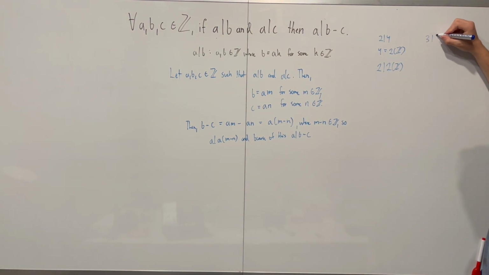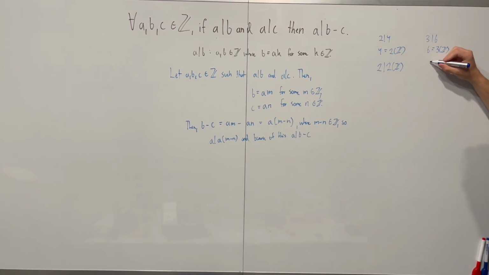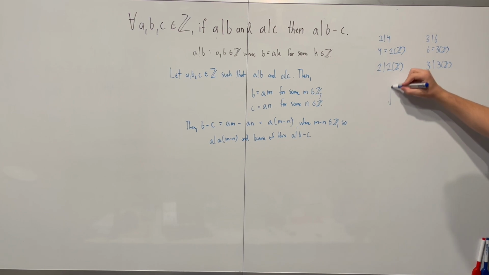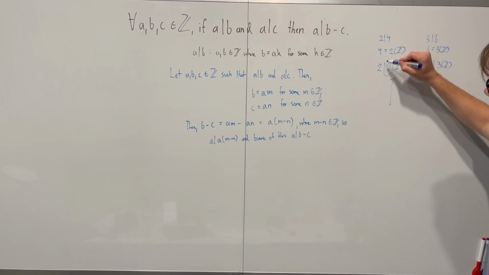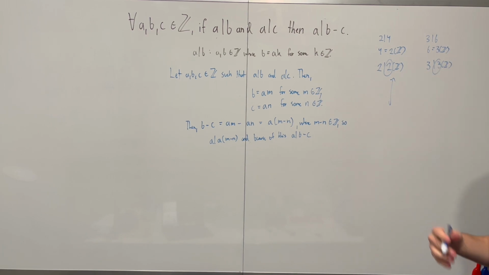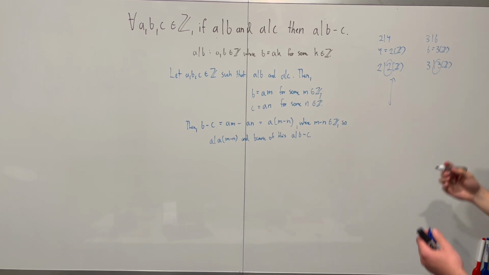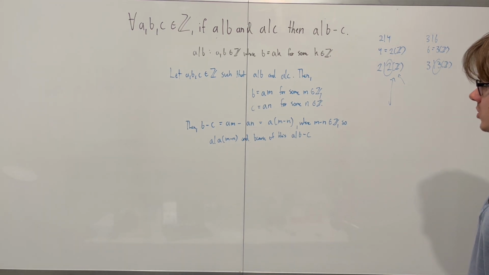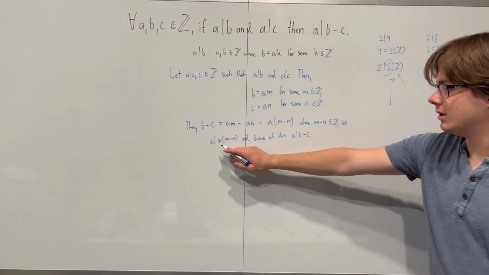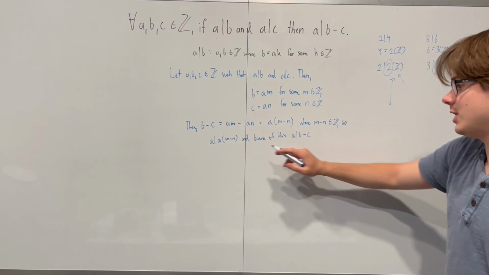When we looked at 3 divides 6, we're basically asking, well, 6 can be written as 3 times some sort of integer. So we're basically saying 3 divides 3 times an integer, right? So we're looking to get something in this form where what we have on the left, we find on the right as well, in all cases. And then we can argue that everything else is just an integer, right? So that is why we can make a leap from here to here, and from here, obviously, to here.